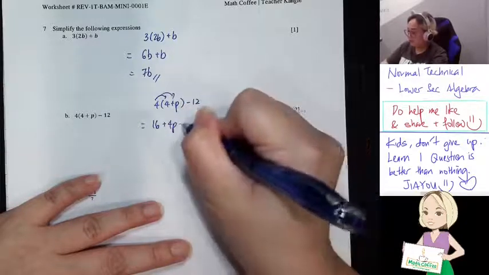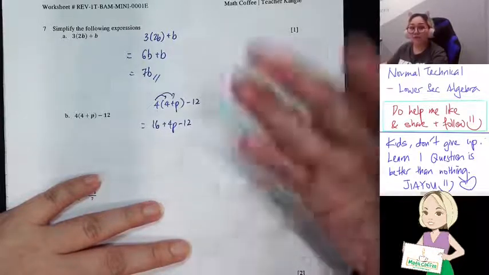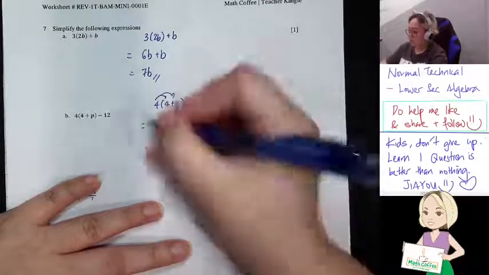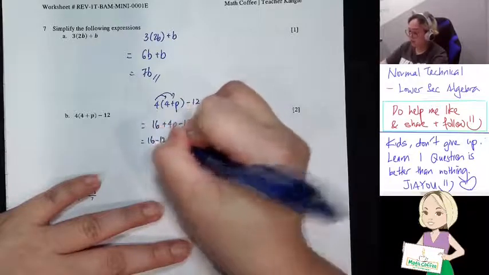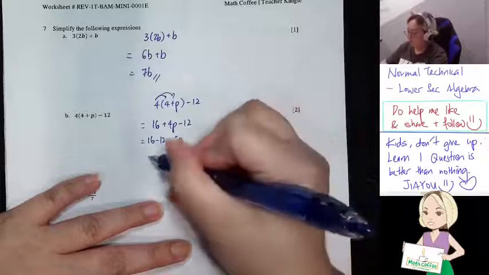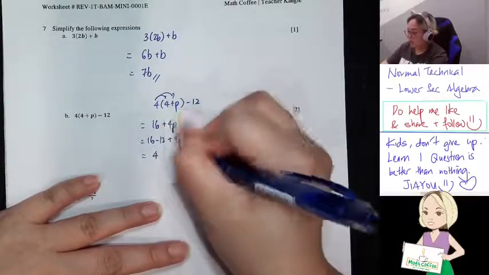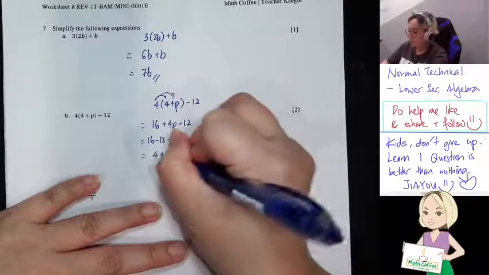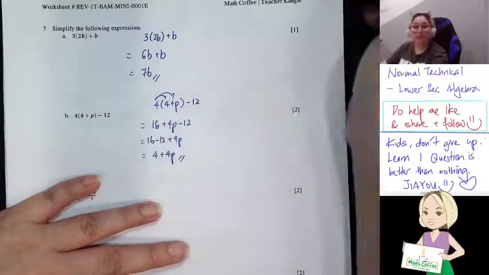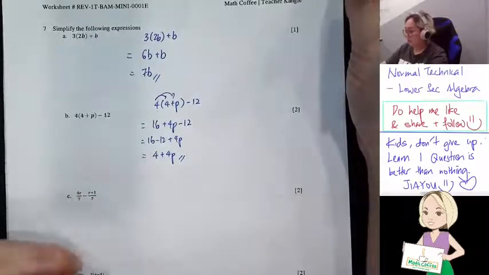Then just put the minus 12 behind. Now find the like terms. 16 minus 12 is 4, and 4p has no friends, so just put it behind. So this is just 4 plus 4p.